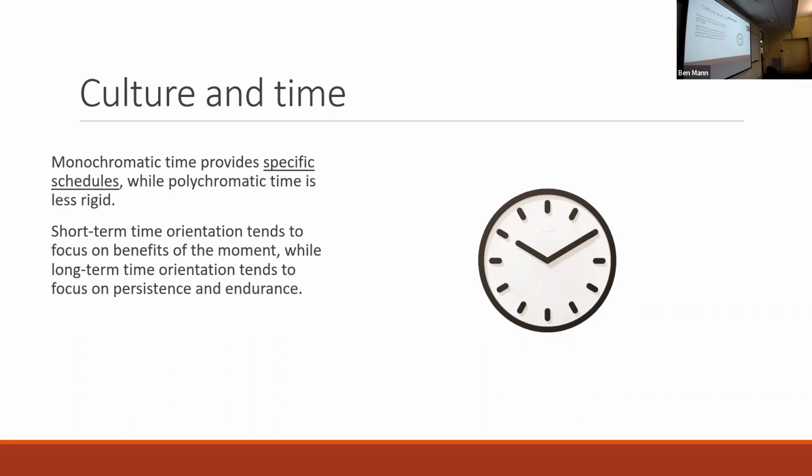It can also be a difference between short-term time orientation versus long-term time orientation. In a more short-term time orientation, there's a focus on pleasure in the moment, what's good right now, right? Enjoying, seizing the day, seizing the moment. Whereas cultures with a longer-term time orientation tend to be people who plan things out, who schedule, who have a bit more order, right?